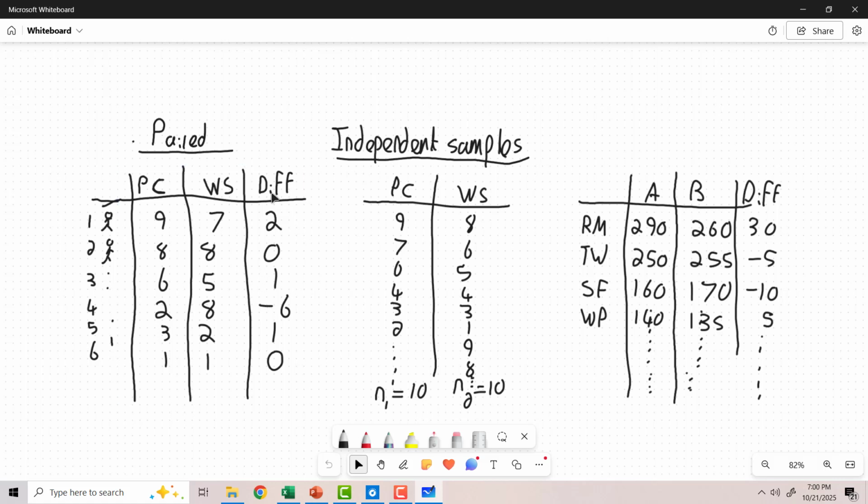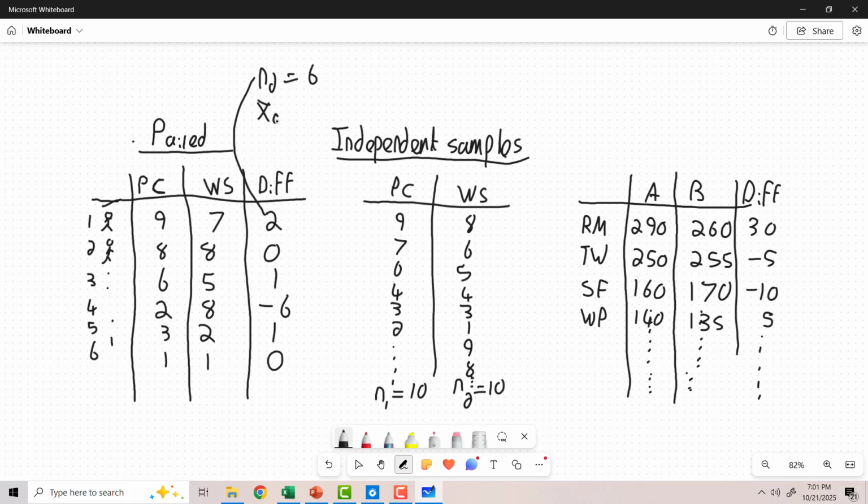Looking at this first example, our n would be 1, 2, 3, 4, 5, 6.